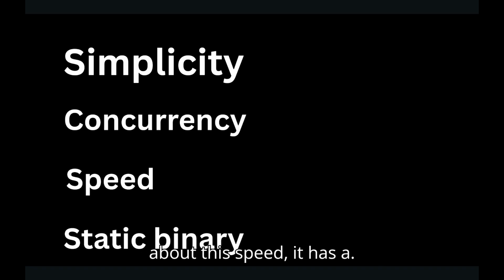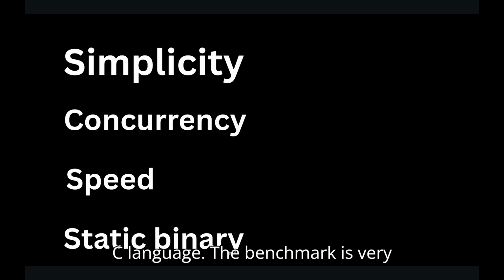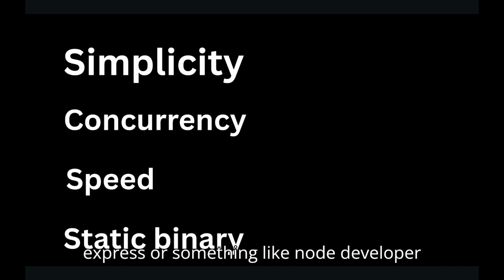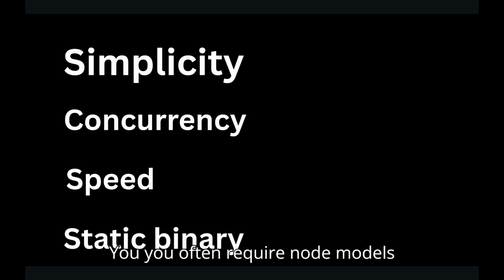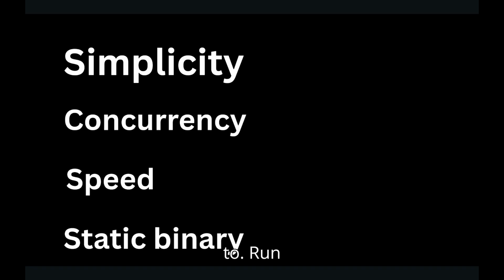Talking about the speed, it is very similar to the C language. The benchmark is very similar to C. If you are an Express or Node developer and you build a backend using Node.js, you often require node modules to run the application.